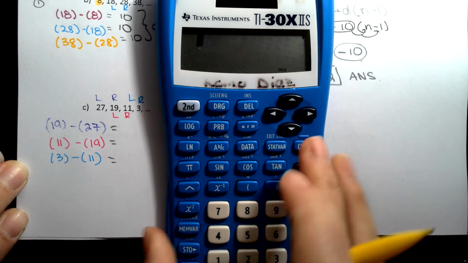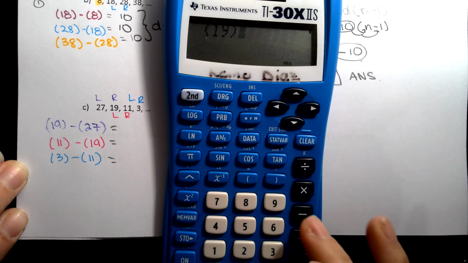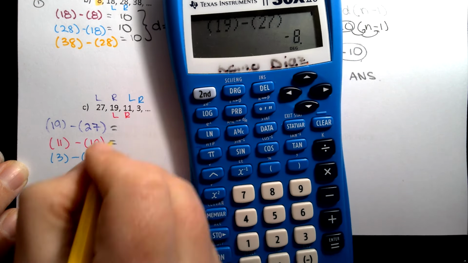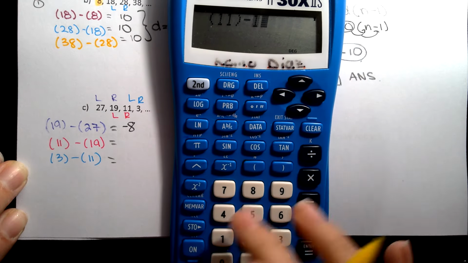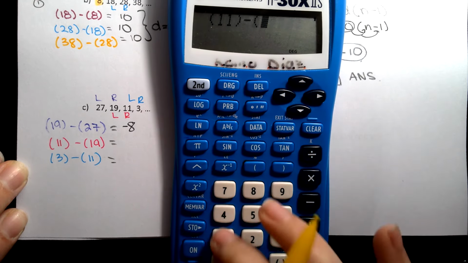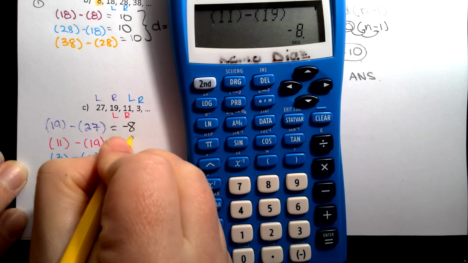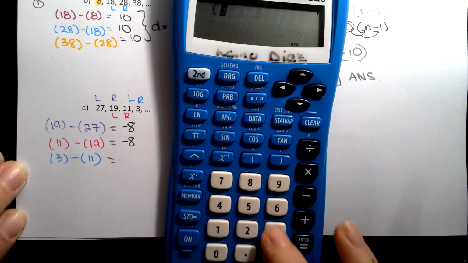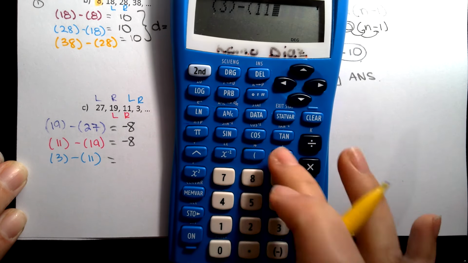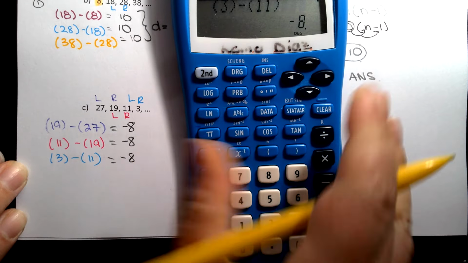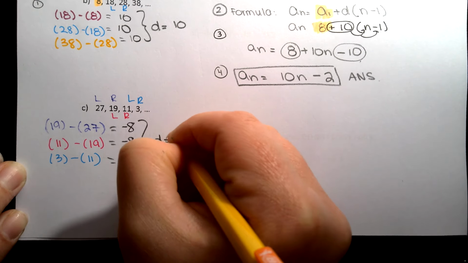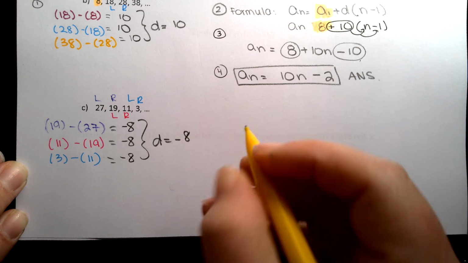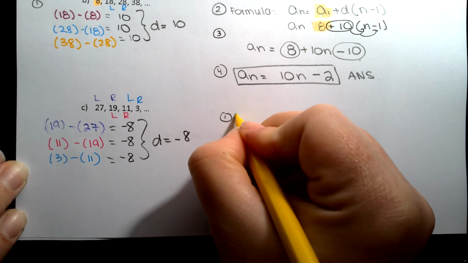Let's go ahead and check what these are. 19 minus 27 is negative 8. 11 minus 19. Yes, please use parentheses in case there are double negatives. And 3 minus 11. Okay, so yes, this is arithmetic. How do we know this is arithmetic? Because yes, there is a common difference. So then we have our formula.